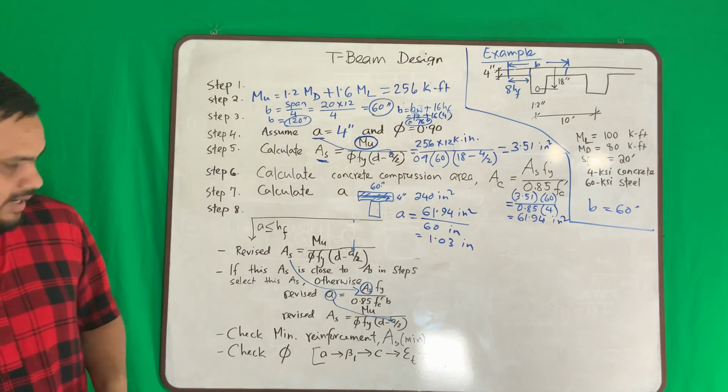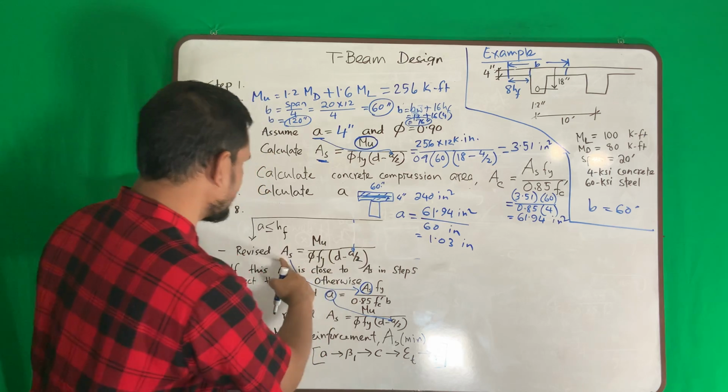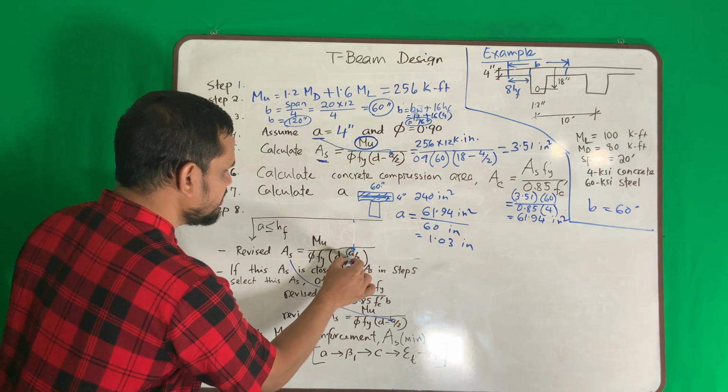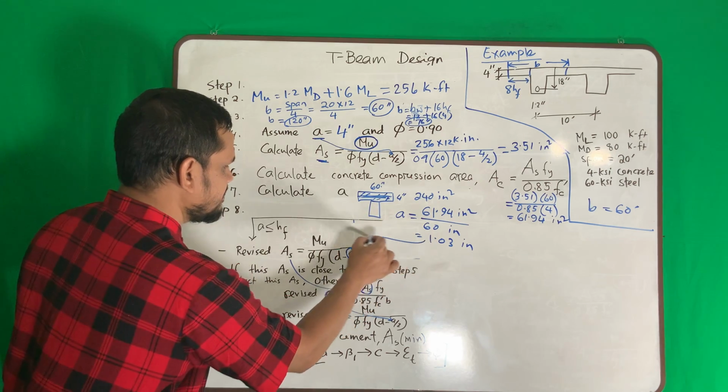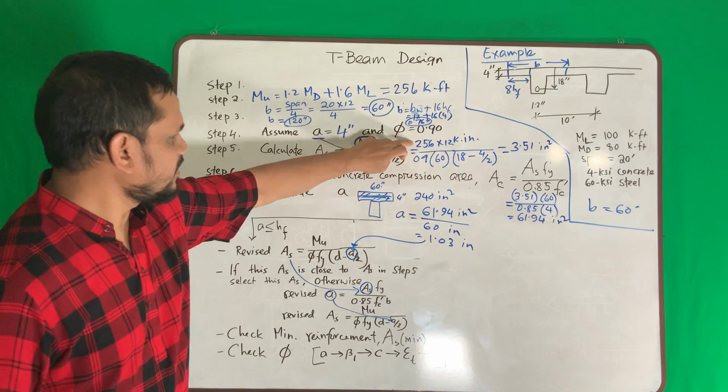So this is our case. Then we should calculate our revised reinforcement. That's what we will do. We will change our A, this value. Everything else is this one.